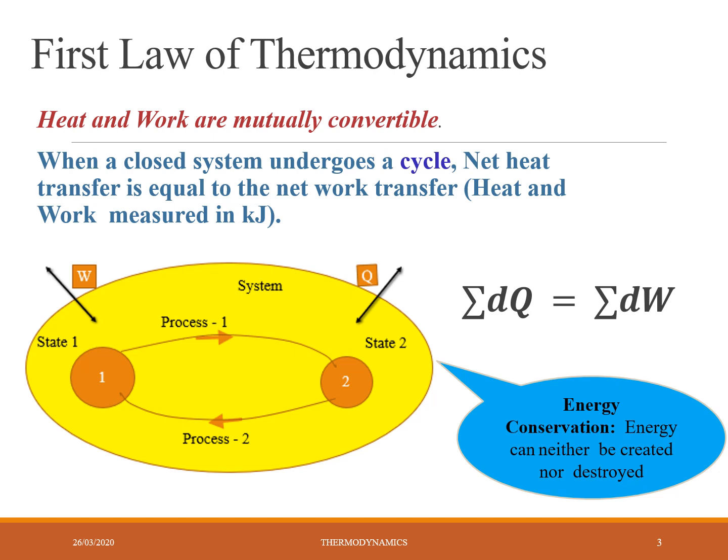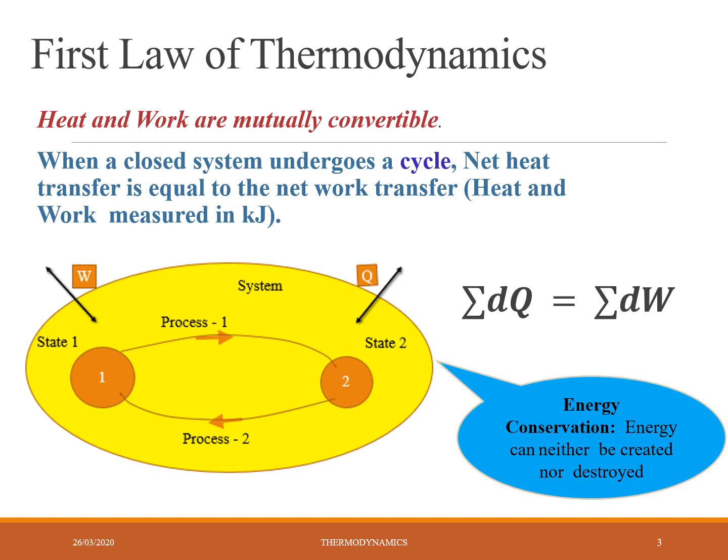Now we have already studied the first law of thermodynamics. We see it again. When a closed system undergoes a cycle, net heat transfer is equal to the net work transfer. Heat and work are measured in kilojoule.